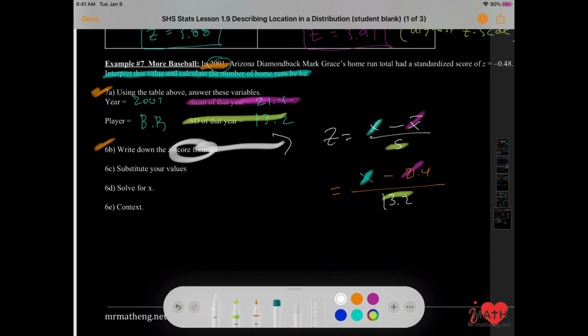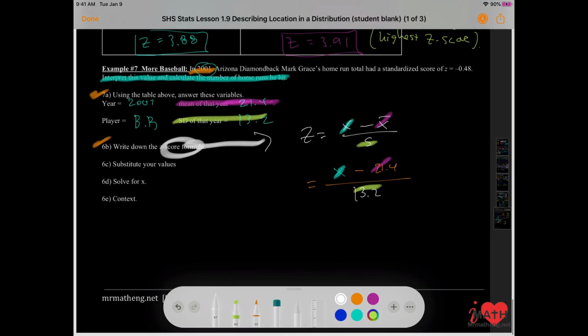And the z-score was negative 0.48. So we substituted our numbers. Now we're going to solve for x.